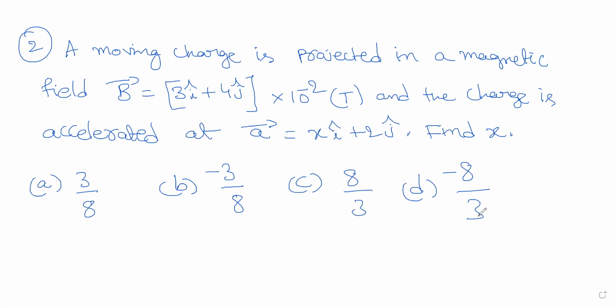Magnetic field they have given, and the charge is accelerated, they have given acceleration. So this is a very conceptual based question. I told you the concept already, so please note it. After noting, I'll tell you. Highly conceptual based question.